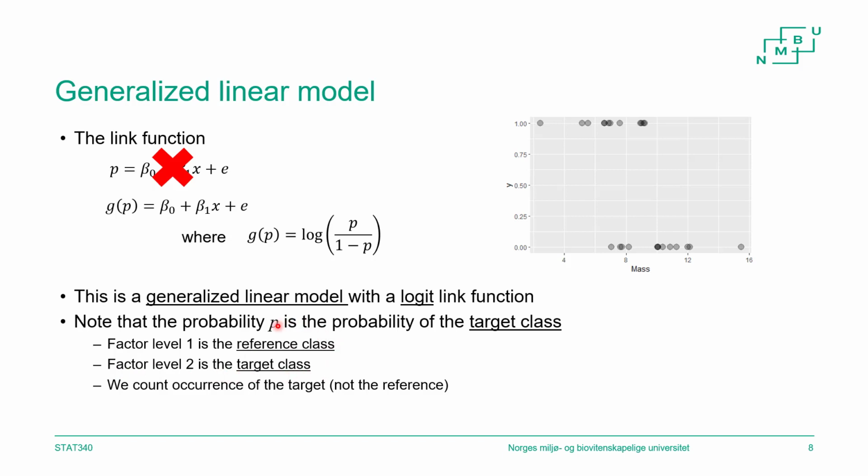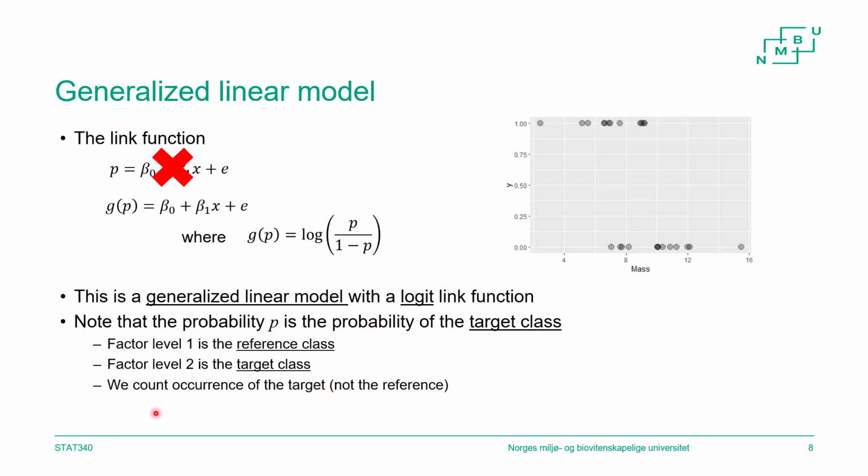And the probability we talk about is the probability of the target class, right? The probability in the numerator here is always the probability of the target class, while this one is the probability of the reference, which is always one minus the other, since there are only two outcomes here, right?